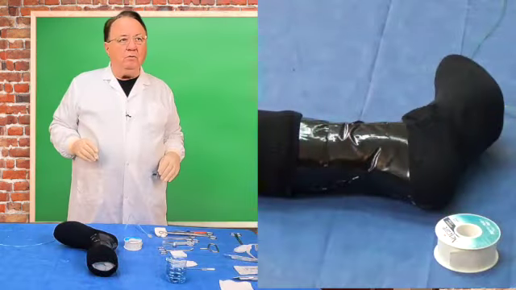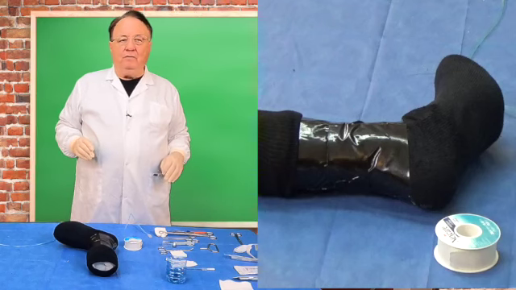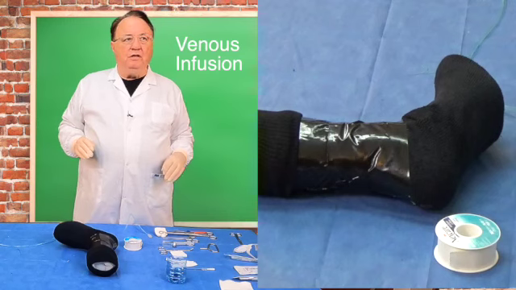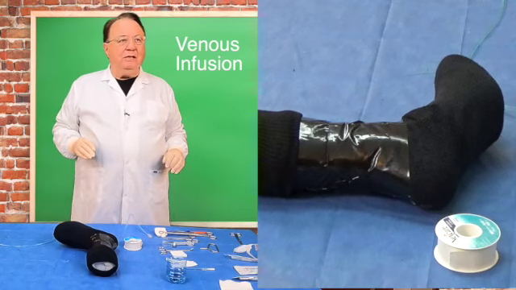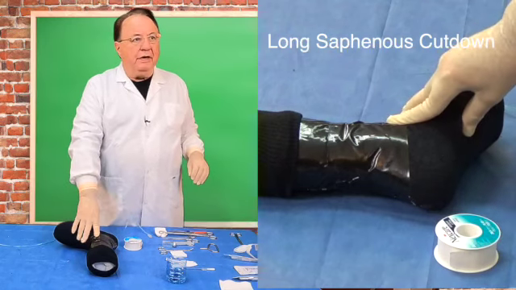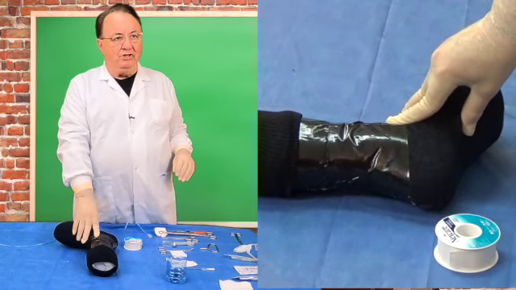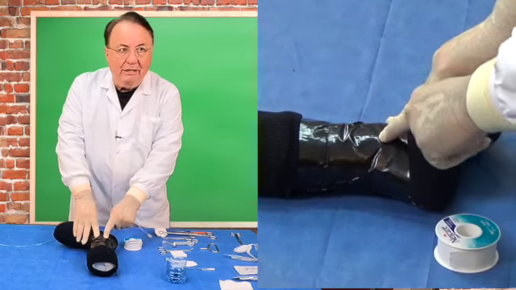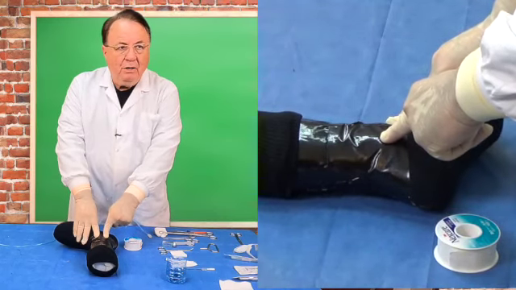We will continue with another skill involved in venous infusion in the lower leg. This is the long saphenous cutdown. We have a model where we can practice this skill. You need a landmark. Your landmark is the medial malleolus.